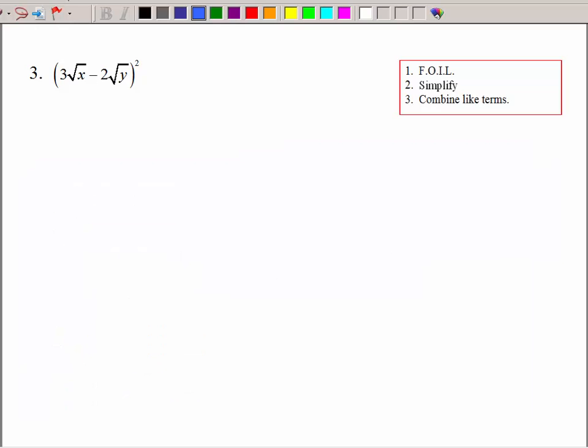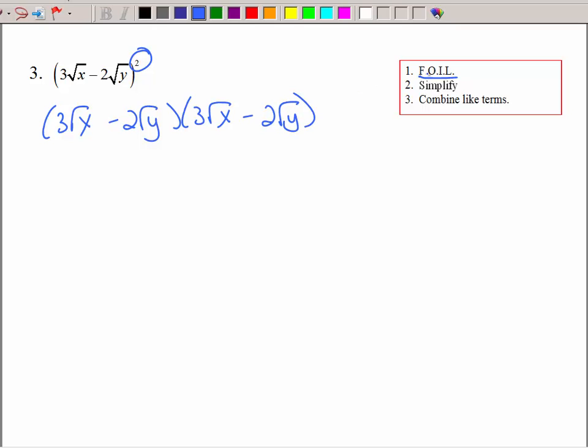Now we have something squared, but yet I have these notes here that say FOIL, because when you have something squared, that means to multiply times itself. So I'm going to write it out. So I know that first, outer, inner, last. Okay, first is 3 square root of x times 3 square root of x.